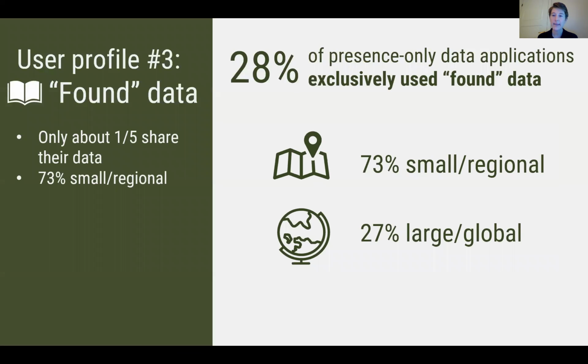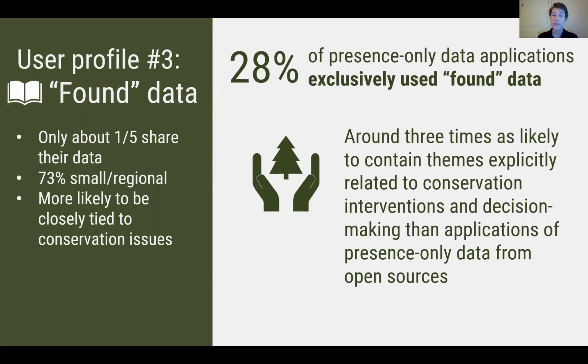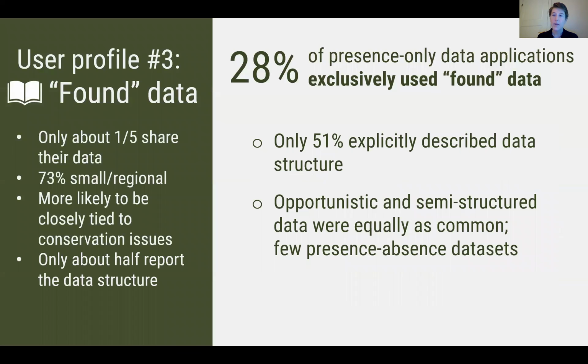And the typical study scale was somewhat in between that of original and open data users. Found data articles are also more likely to be related to conservation themes than those based on open data. The main difference from original data was that users of found data were less likely to report on data structure, possibly because they don't always have access to this information.